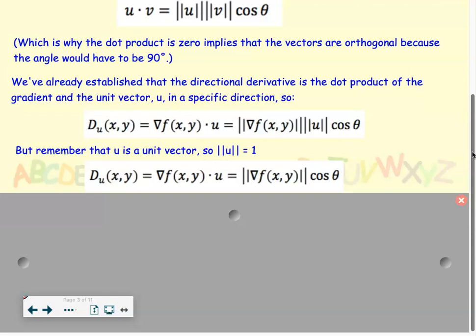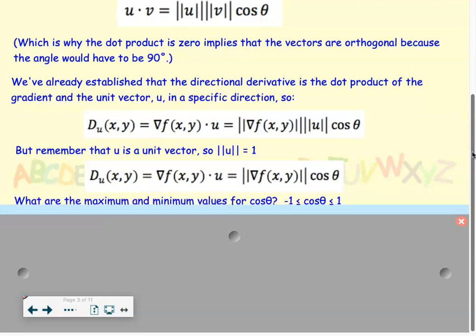So if the highest value cosine can possibly take on is 1, and the magnitude is positive, then the maximum possible value of the directional derivative is the magnitude of the gradient, which means the gradient gives you the highest possible derivative value in any direction.